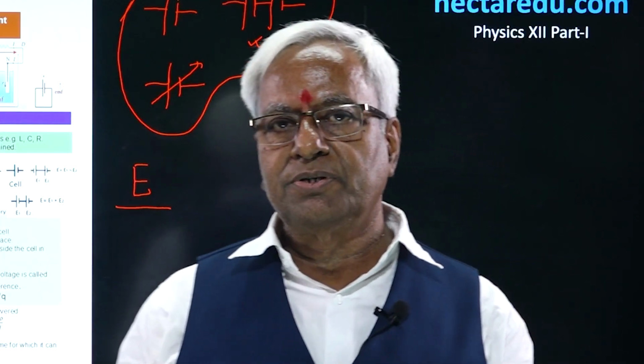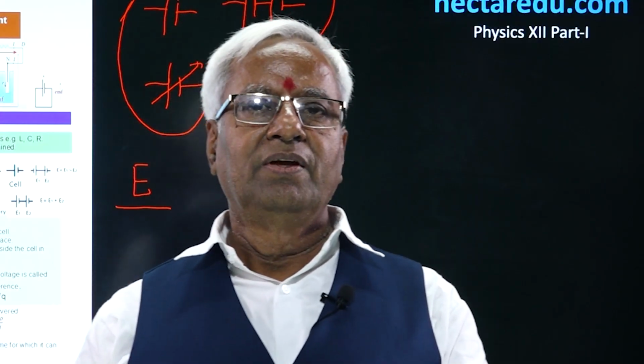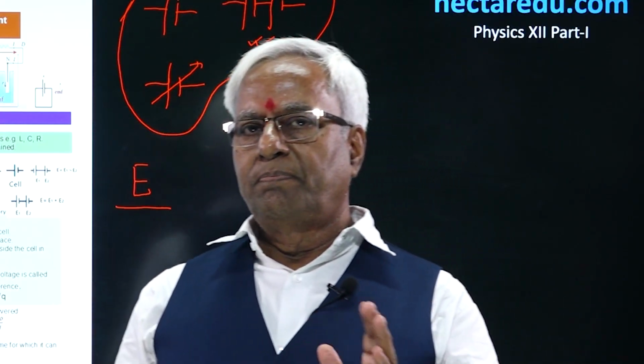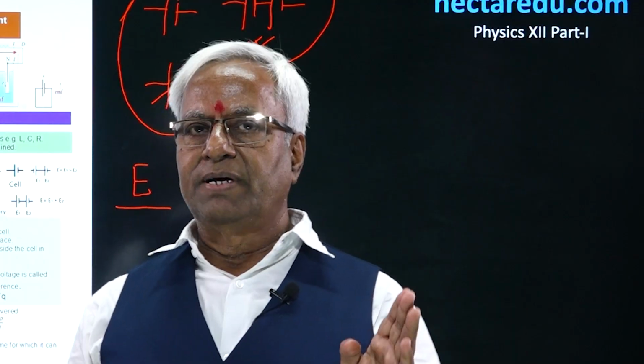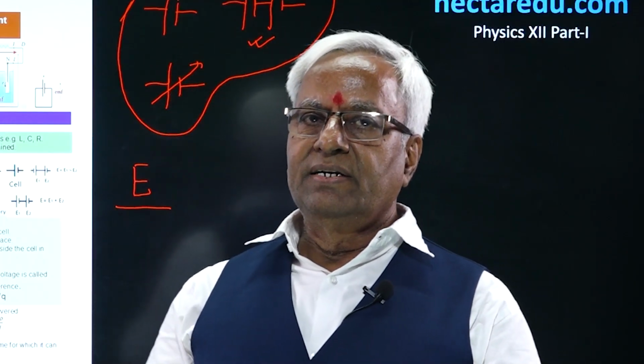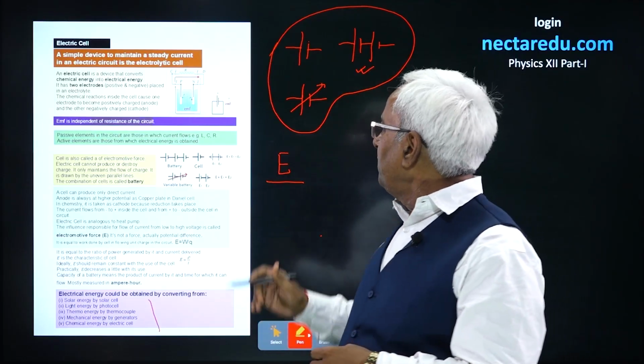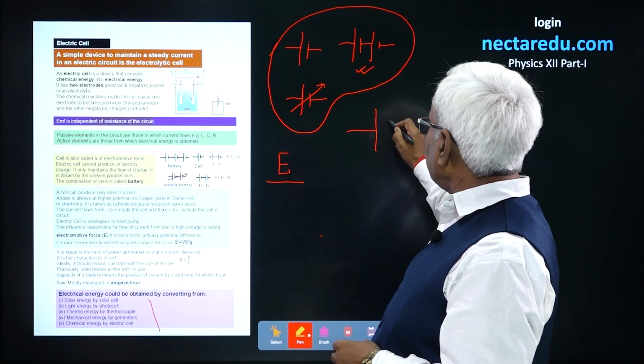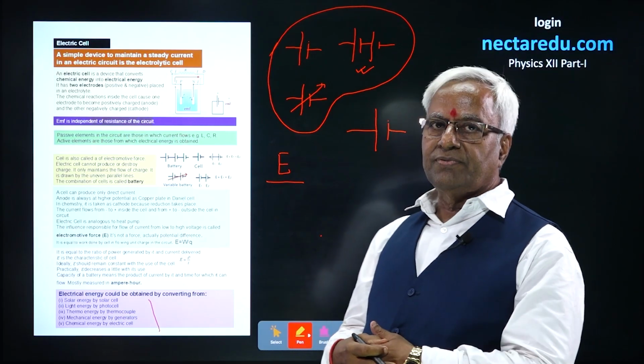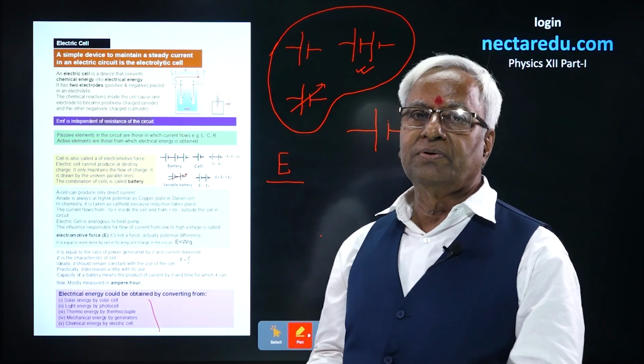One becomes positive, one becomes negative. The positive plate, in physics, we term as anode, and the negative plate is termed as cathode. We have only the criteria of positivity and negativity for considering anode and cathode.